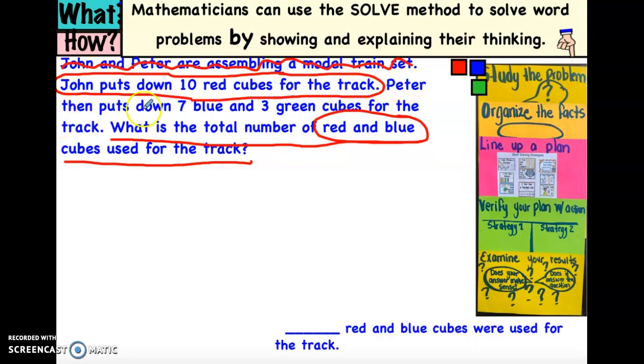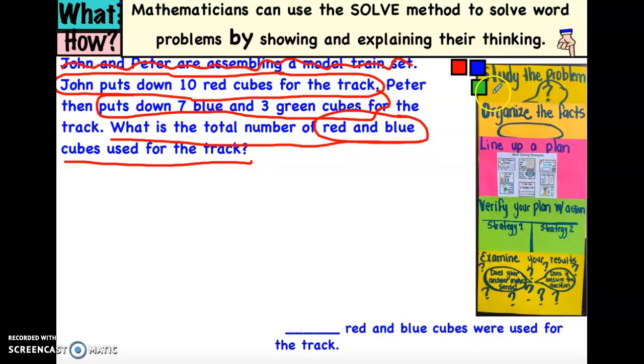And then it says that Peter puts down 7 blue and 3 green cubes for the track. Let me ask you, mathematicians, do you think that information is important in order to solve the problem? Yes, it is. So we're going to circle it. He puts down 7 blue and 3 green cubes for the track.